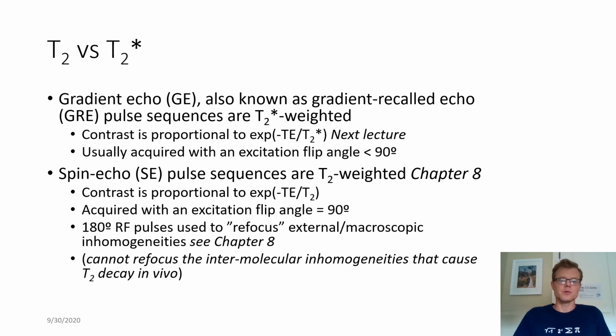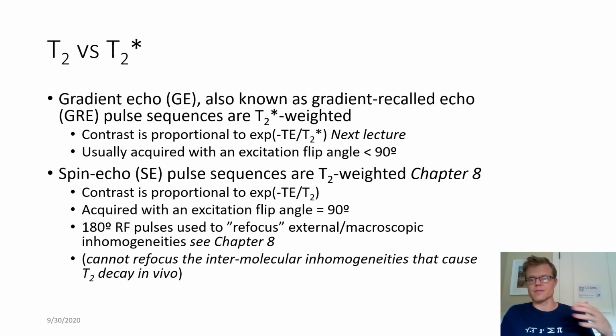T2 and T2 star, actually, we can access both of these types of relaxation to create image contrast. In the way we've covered so far to generate MRI signal, we require an RF pulse and acquire signal. This is often referred to as a gradient echo or gradient recalled echo sequence, which we'll cover in more detail later on. This type of sequence gets a T2 star weighted image contrast. But we can, in fact, access T2.